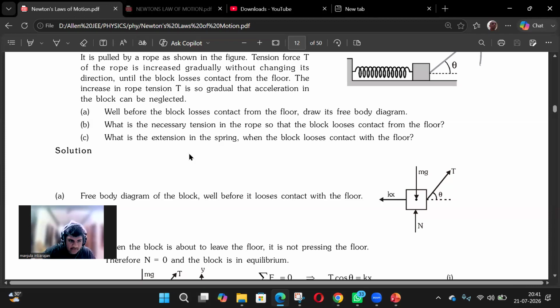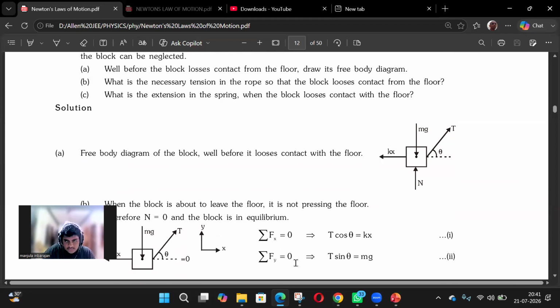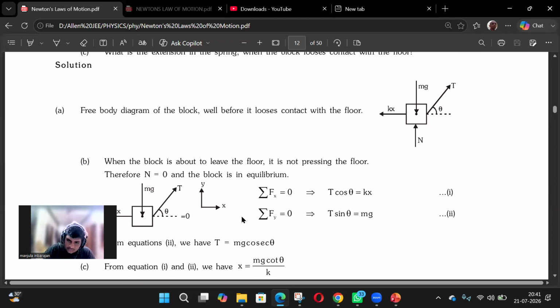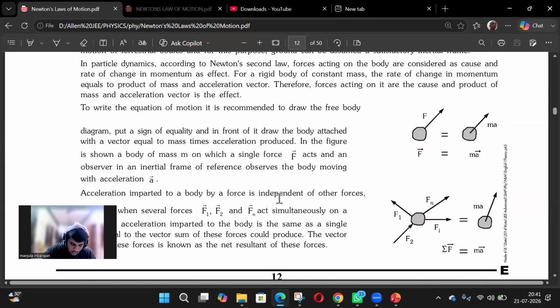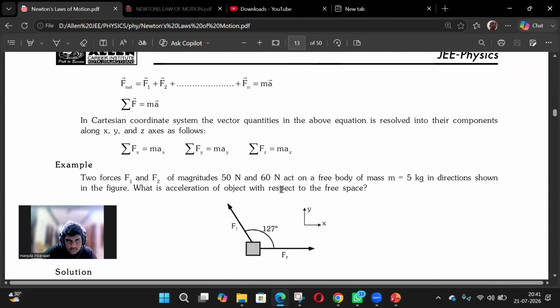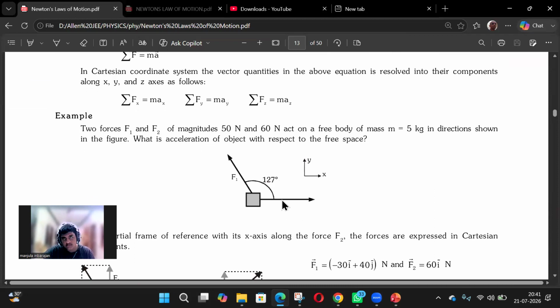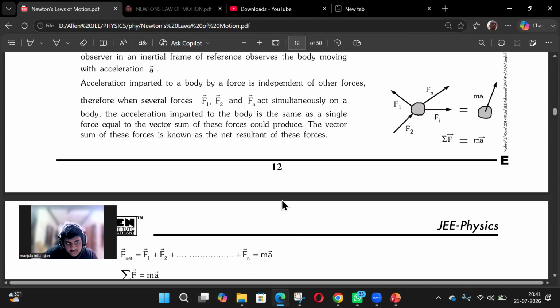Motion in a plane, full chapter, sir. Fine, along with that, a few of this.